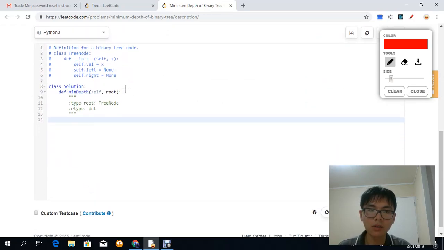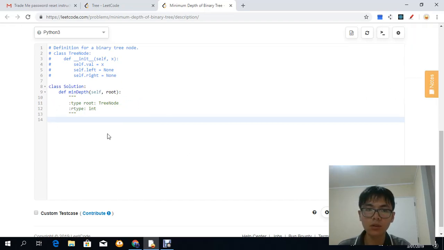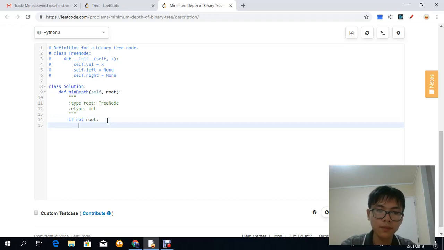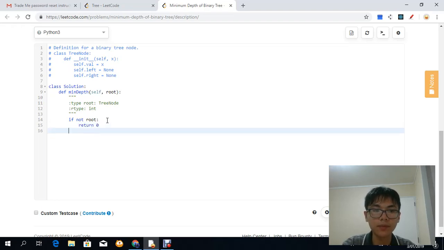So how are we going to get the minimum depth of a given tree? First, we have to consider an exception, which is if not root. If the root doesn't exist, what will happen? The minimum depth will be 0, because the tree doesn't exist.